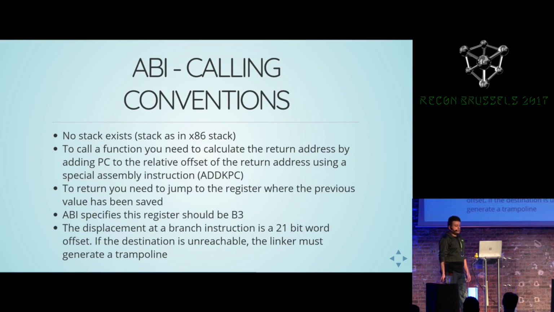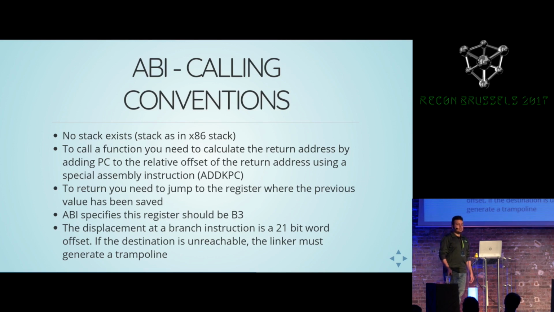Some calling conventions. No stack exists, at least as we know it from x86. To call a function, you need to calculate the return address by adding the program counter to the relative offset of the return address using a special assembly instruction.